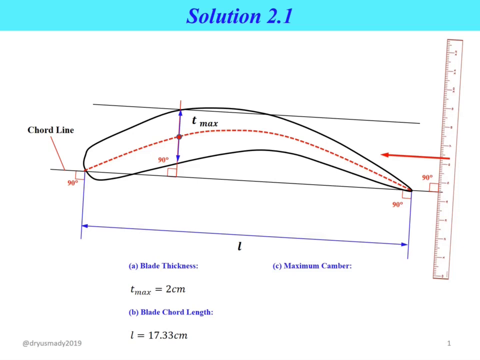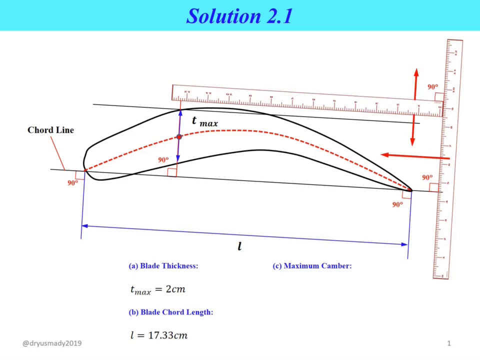Okay, C, maximum camber. For maximum camber, you need to move the second ruler upward and downward until you get the highest point of the camber line. Let's say at the second point, and then draw the perpendicular line to the chord line and intersect with the point.